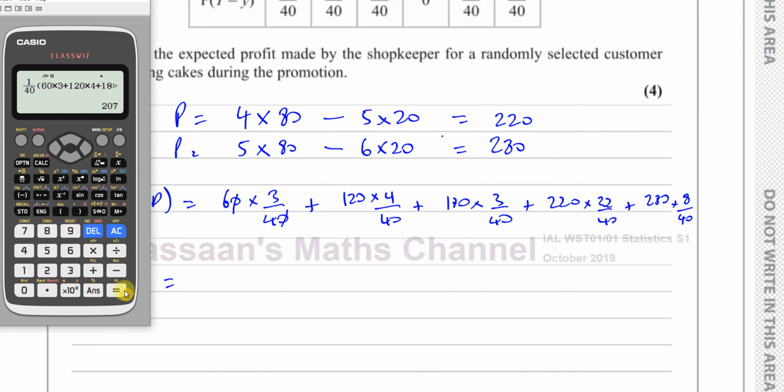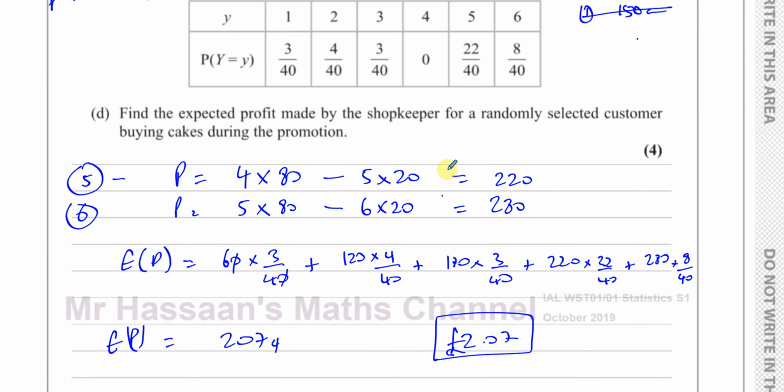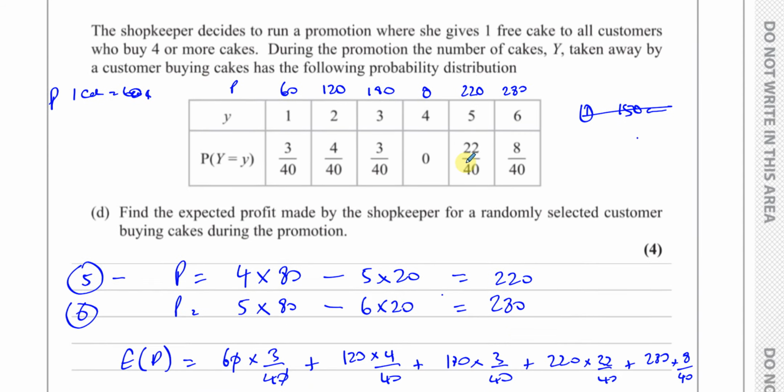Okay, and that gives you 207. So that's 207 cents. We could say $2.07. That's the expected profit made by the shopkeeper for a randomly selected customer buying cakes during the promotion. So there we have the answer to question 7, part D as well.